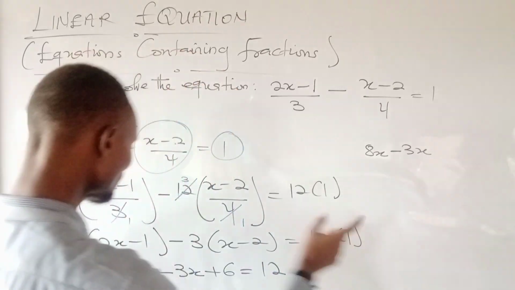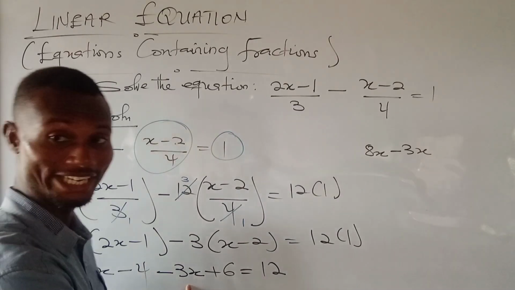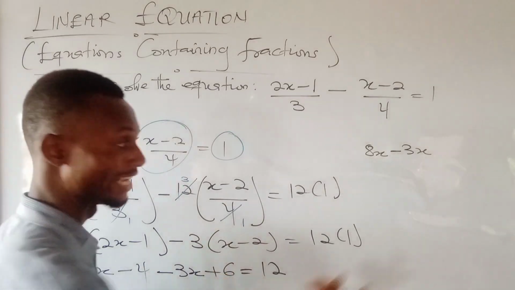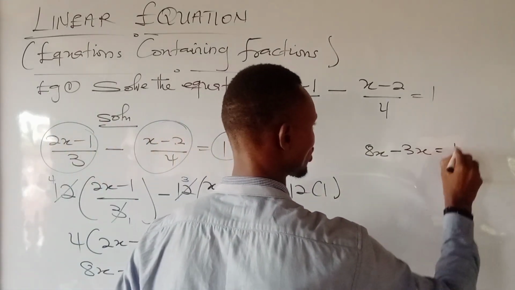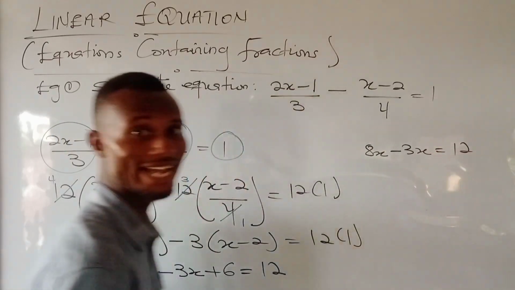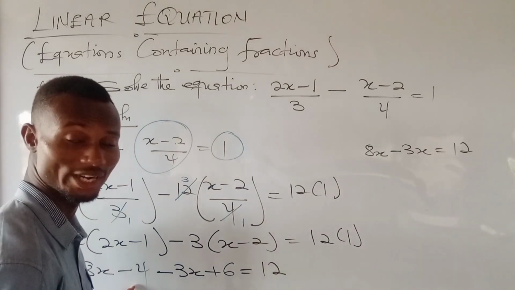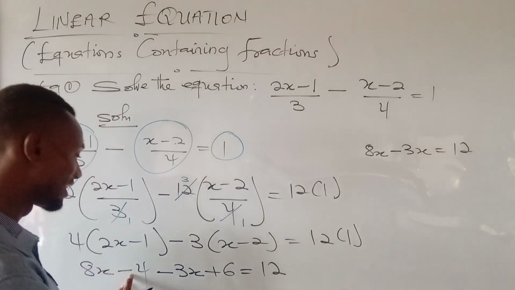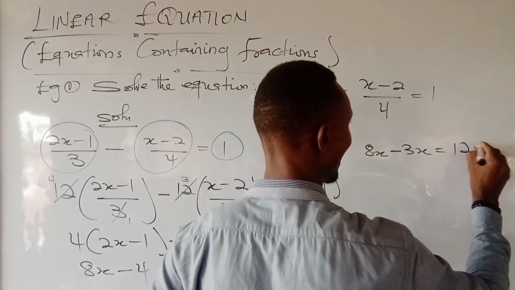So now the 8s is here, I've written it. The minus 3s is also here. It didn't cross any equal sign, so minus 3s equals, the 12 is there. Then this minus 4 will cross the equal sign to go and join the 12. Because it's negative here, when it crosses the equal sign, it becomes positive, so it becomes plus 4.